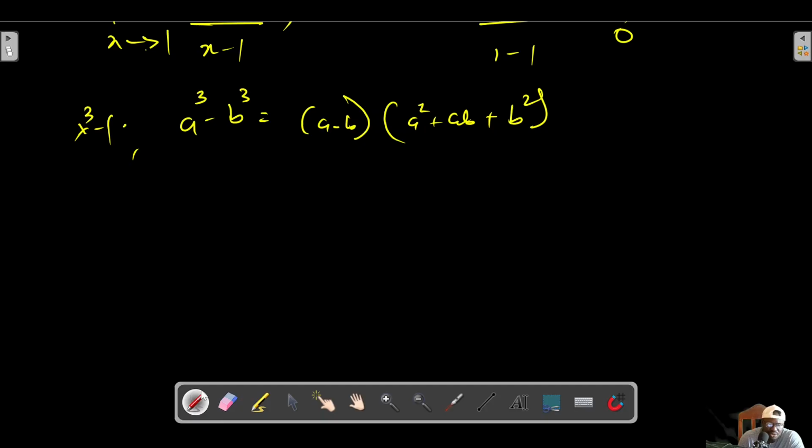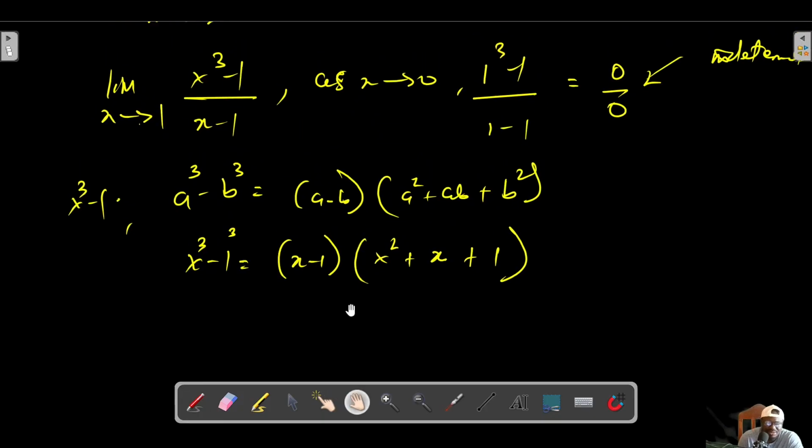So x cubed minus 1 can be written as the difference of two cubes. We end up with x minus 1 multiplying x squared plus x, because x times 1, plus 1 squared, which is 1. So the factors of x cubed minus 1 cubed are x minus 1 multiplying x squared plus x plus 1.